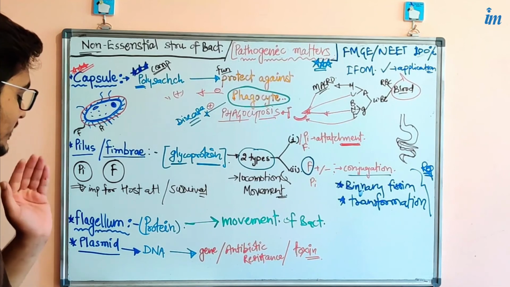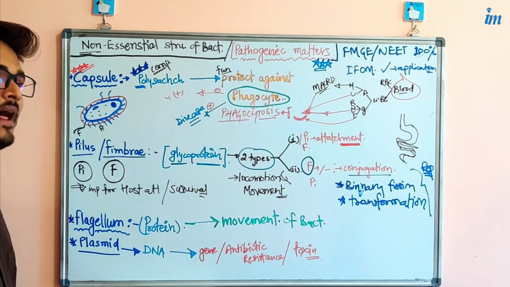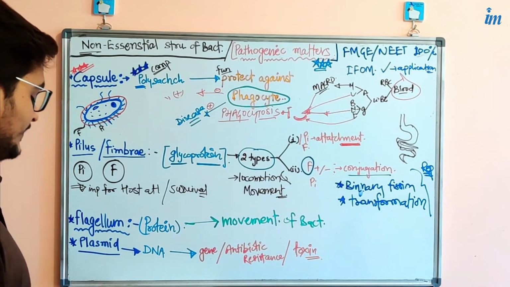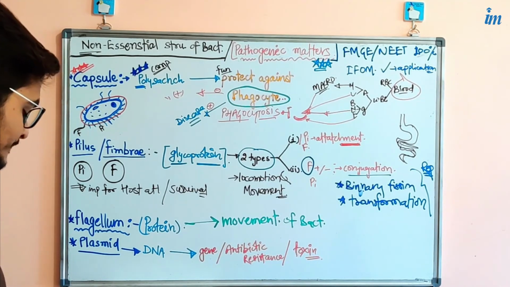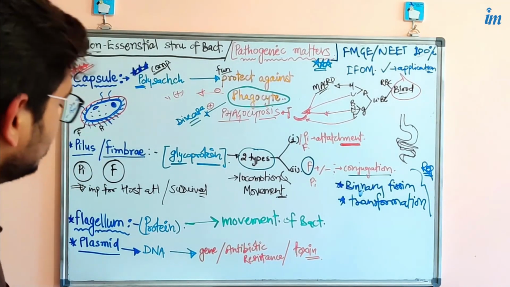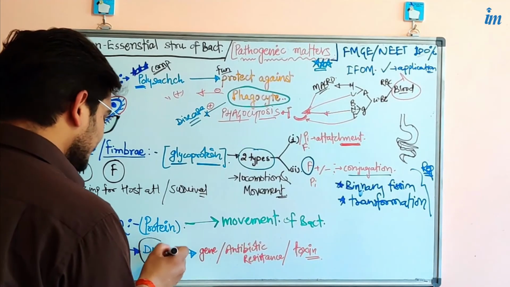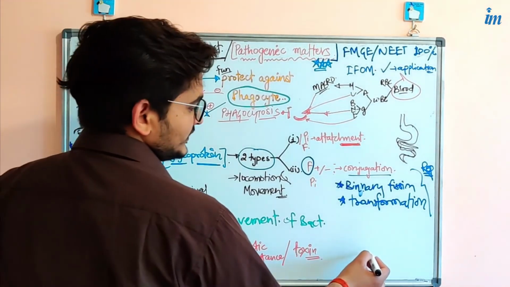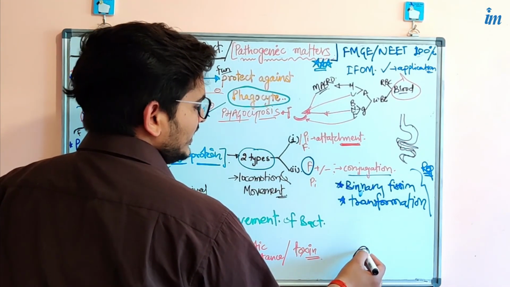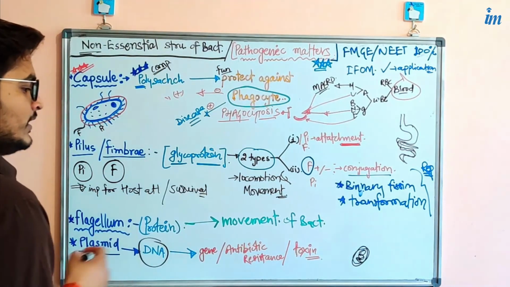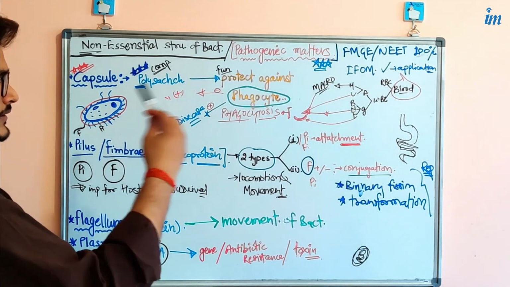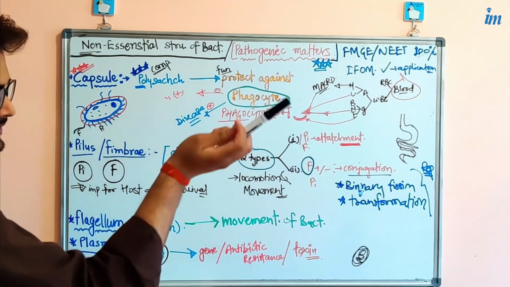From the very beginning you have learned that a plasmid is extra-chromosomal material found in the bacteria. It is DNA in a compressed form, and a small glycoprotein layer is there. So they may contain genes.